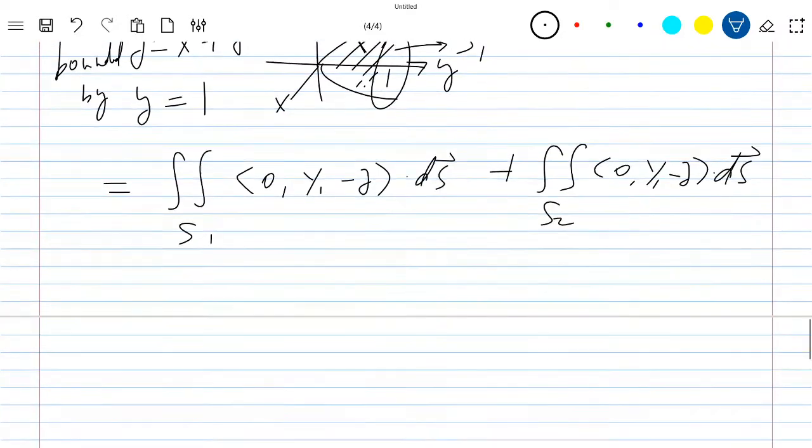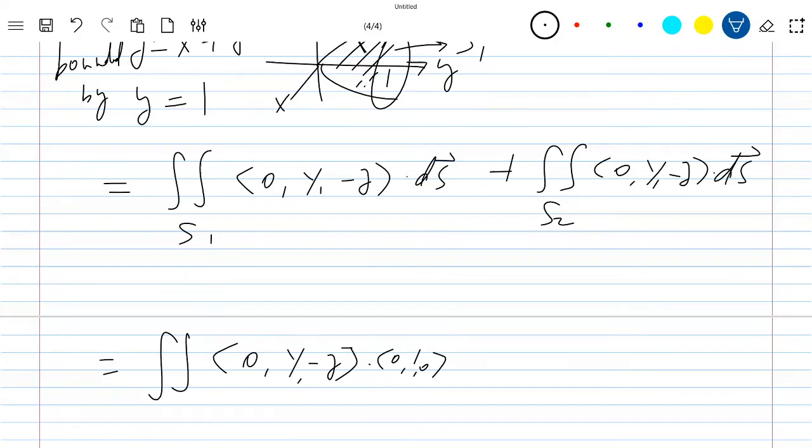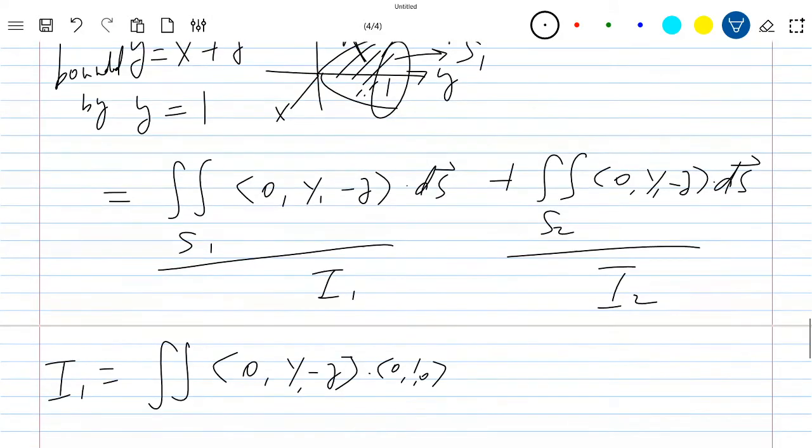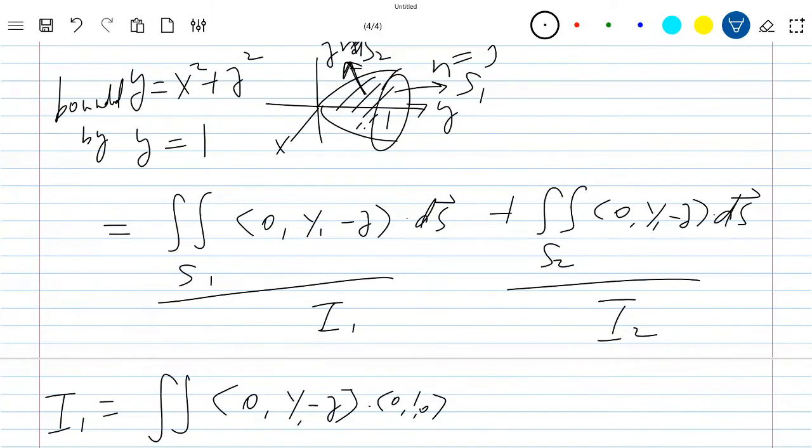So the first one is pretty simple. (0, y, negative z) dot (0, 1, 0). And what is dS? Okay, let me call this I1, and this I2. So let's do it step by step. I1, and then what is dS? I'm talking about this circle here, right? What is this circle? This circle is x squared plus z squared equals 1.